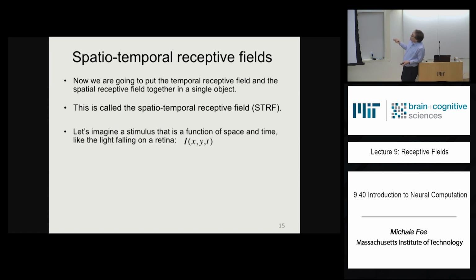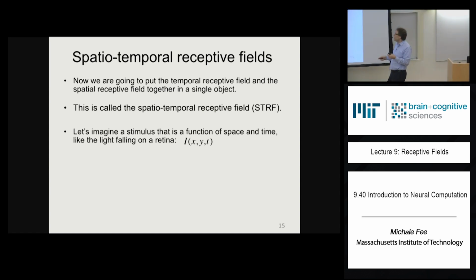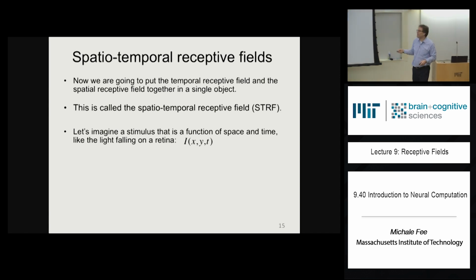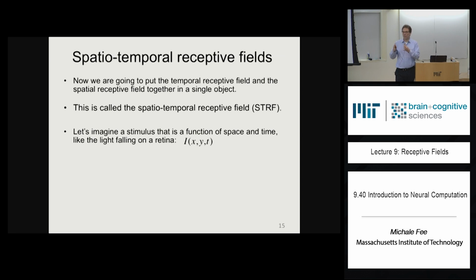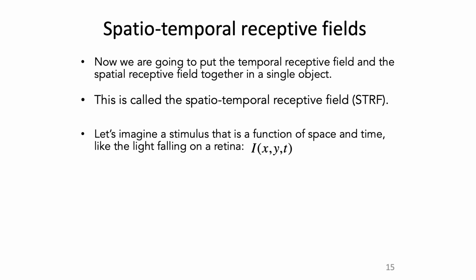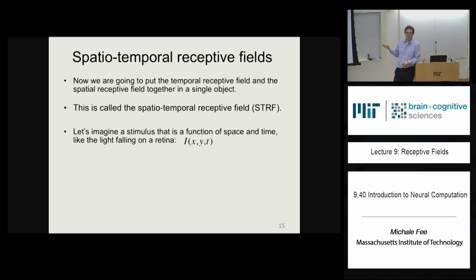Okay, so in general, when you have a visual stimulus, it actually depends on x and y, coordinates in the retina, and time. Okay, so I of x and y would be like a still image presented to you. I of x, y, and t is, any movie can be written like that, right? Your favorite movie is just some function of I of x, y, and t.